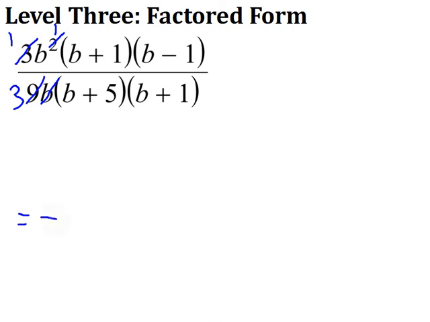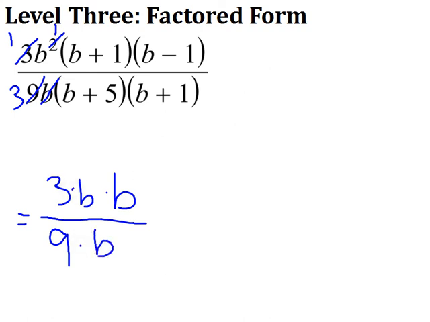So if we want to see that more expanded, sorry, that's not the neatest. So 3 went into itself once and 9 3 times. And then we canceled out one of those b's and we were left with 1 up in our numerator.